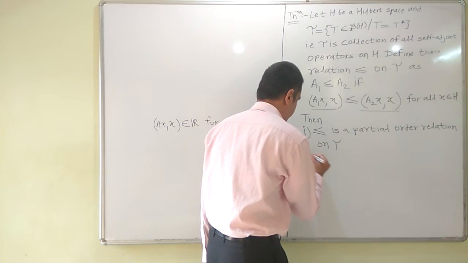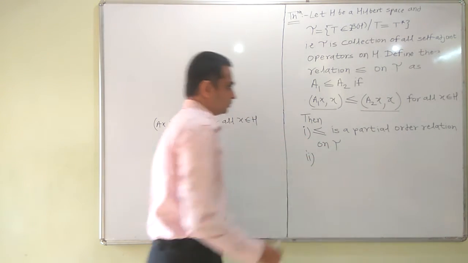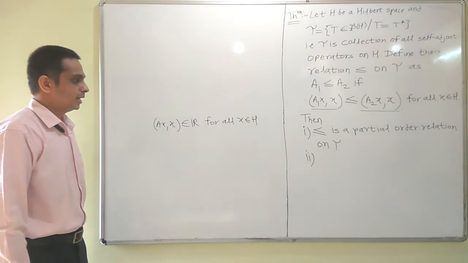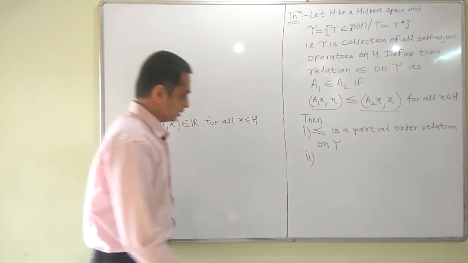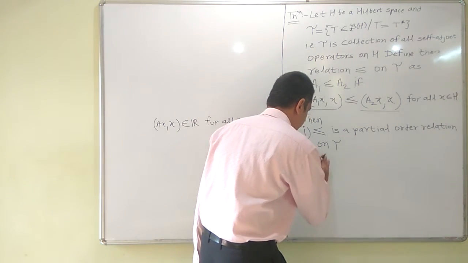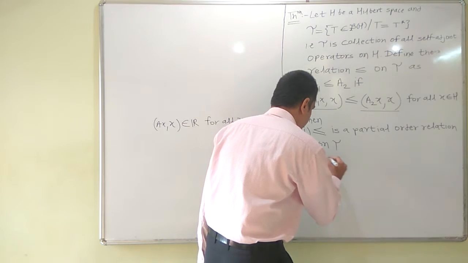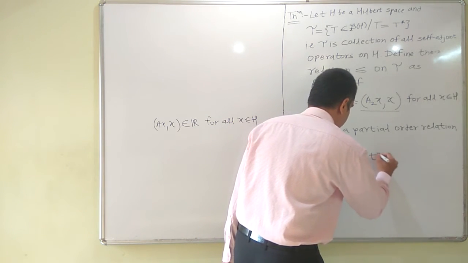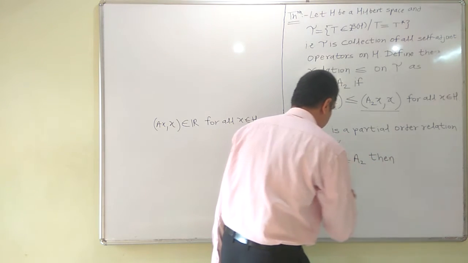Secondly, we have to verify that if A1 is less equal to A2, then two properties hold.